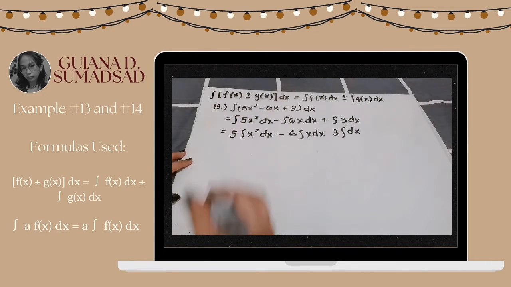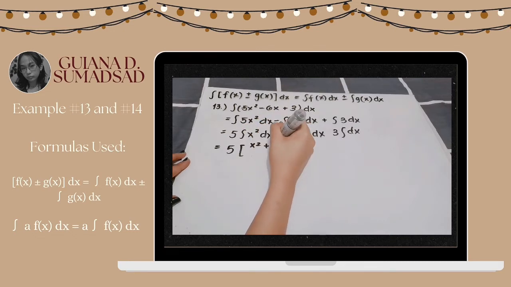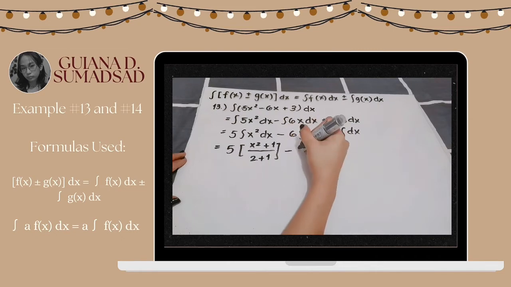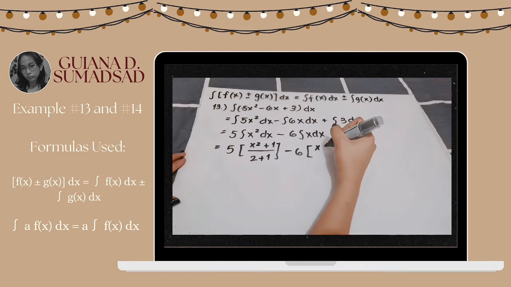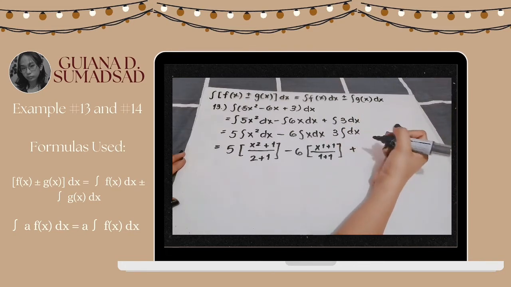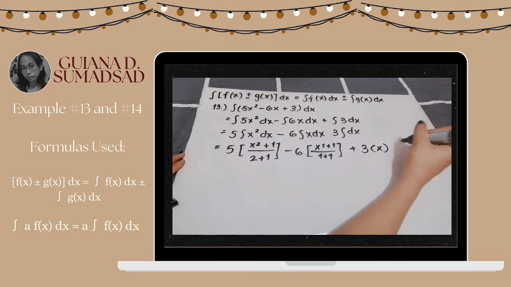Next, 5 x squared plus 1 over 2 plus 1. Then minus 6 x, 1 plus 1 over 1 plus 1. Then plus 3x plus c.